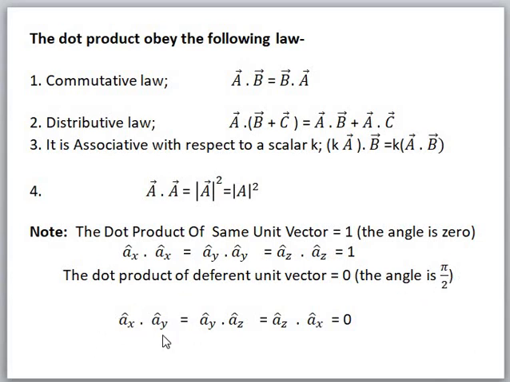We can write in this form: ax cap dot ay cap is equal to ay cap dot az cap is equal to az cap dot ax cap is equal to 0.